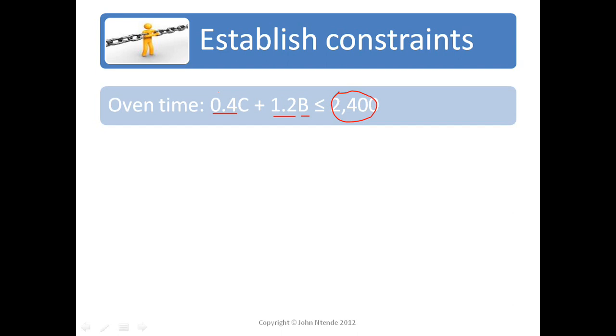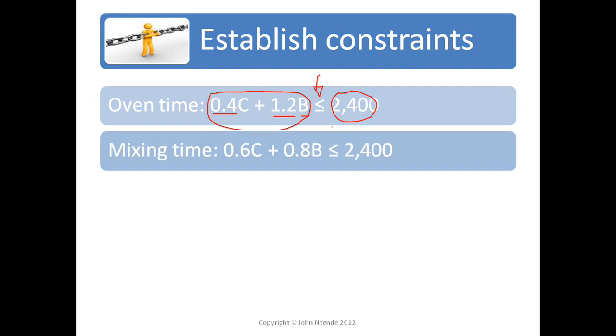So the total time in the oven would be 0.4 C plus 1.2 B, and this should not exceed 2,400. That's why we have the sign of less than or equal to 2,400. So the oven time should not exceed 2,400. So the equation is 0.4 C plus 1.2 B should be less than or equal to 2,400.